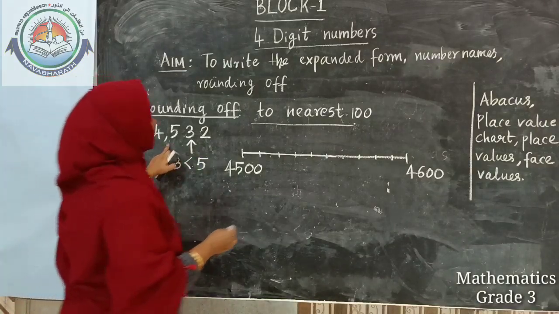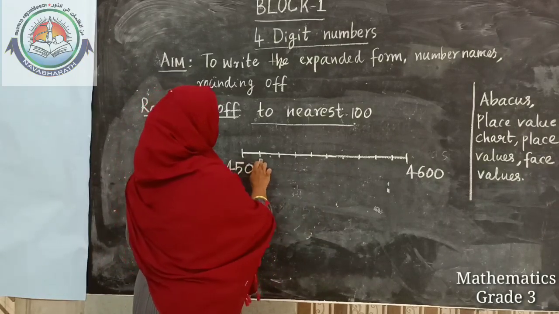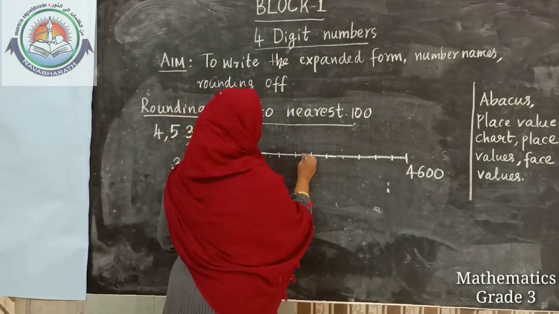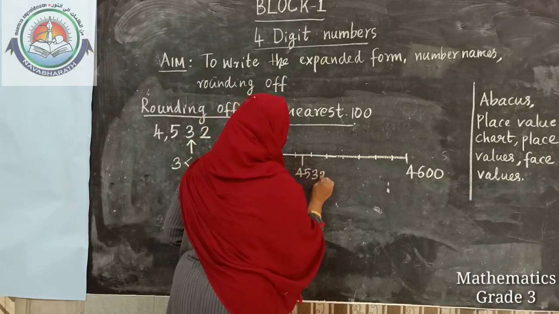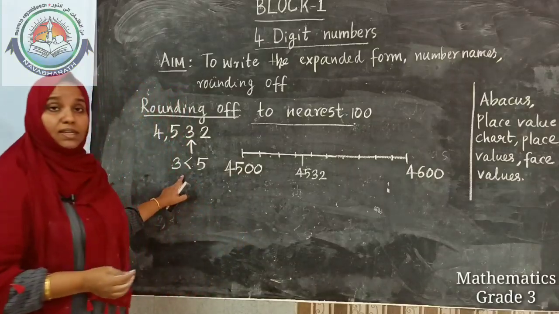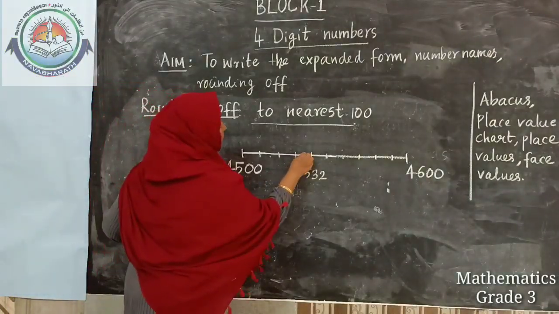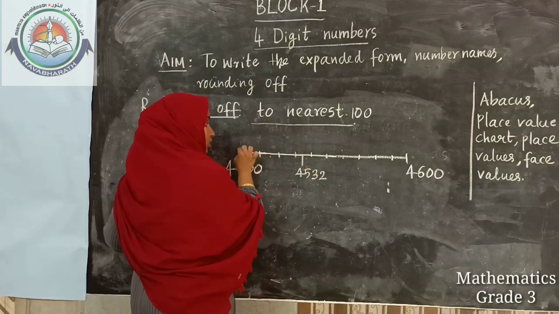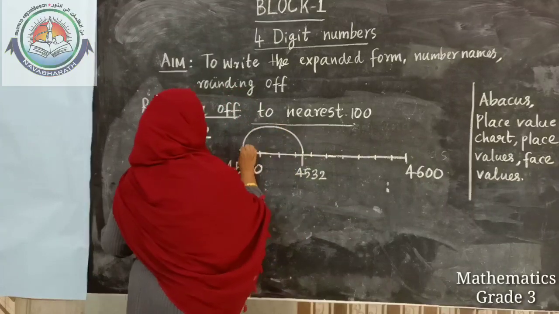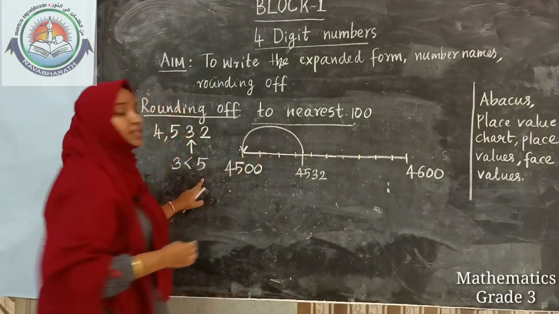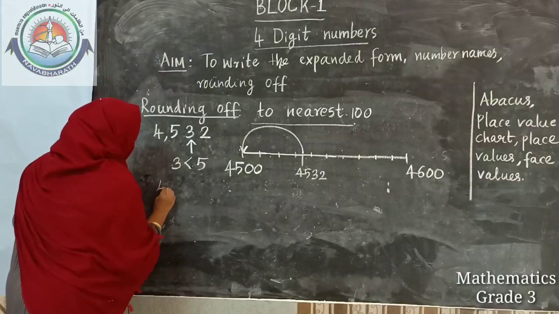Where does this number come? It will be somewhere in between here, 4, 5, 3, 2. Okay, 3 is less than 5, and this number will round off to here or here. It rounds off to here because it is less than 5. Okay, another example we can consider.